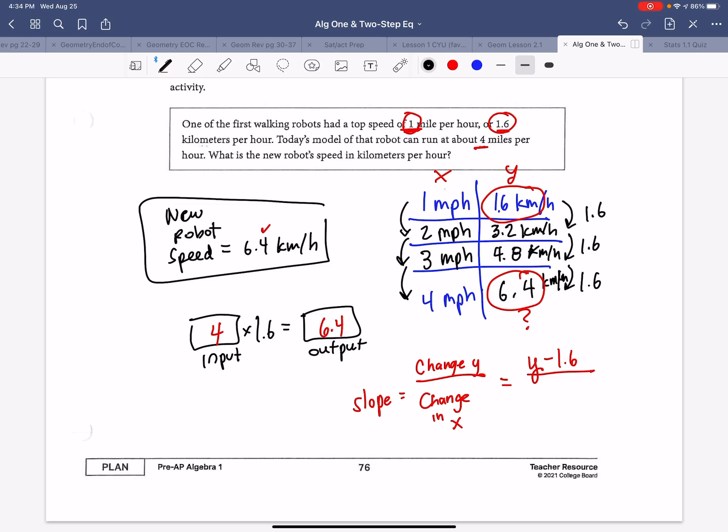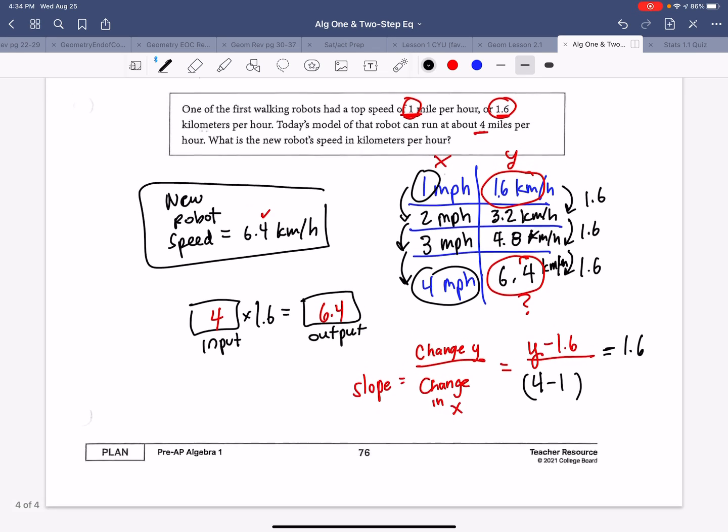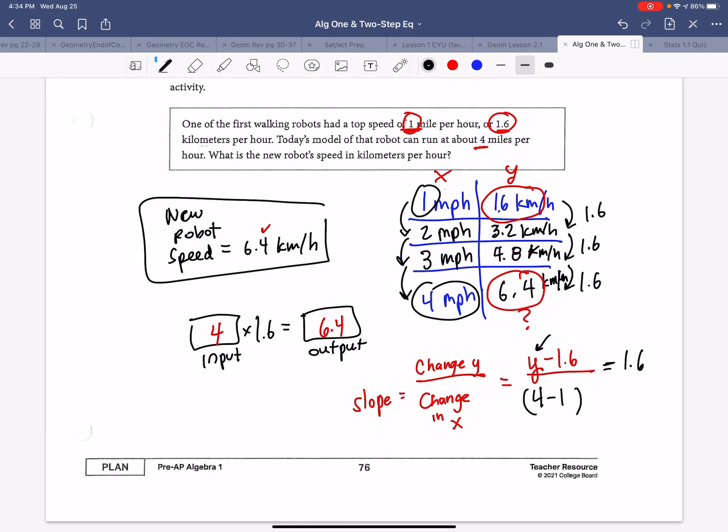And then the x values changed from 4 to 1. We know the slope was 1.6, so we can solve for this number using algebra.